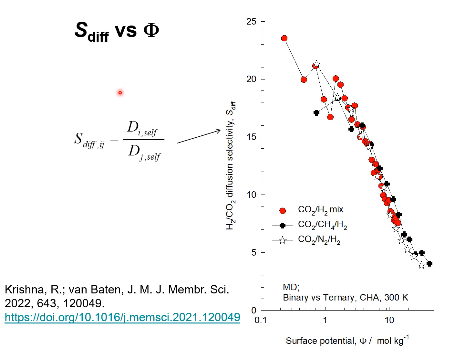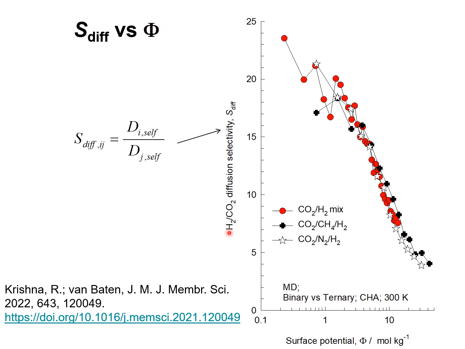Molecular dynamic simulations of intracrystalline diffusivities show that the self-diffusivities are uniquely related to the surface potential, and the diffusion selectivities, defined as the ratio of the self-diffusivity of component i with respect to component j, are also uniquely related to the surface potential.